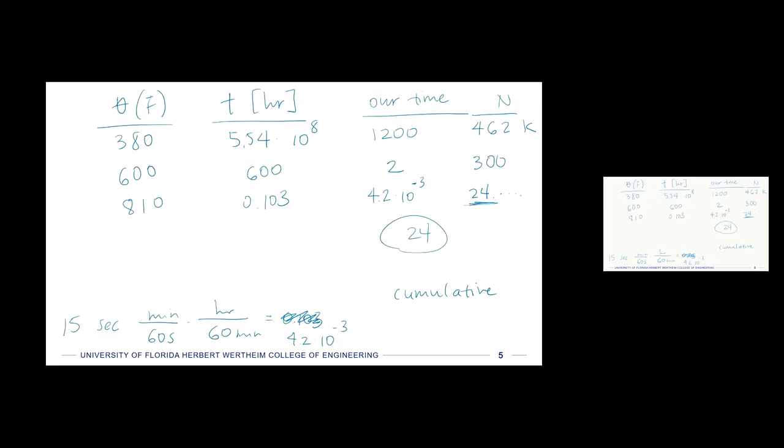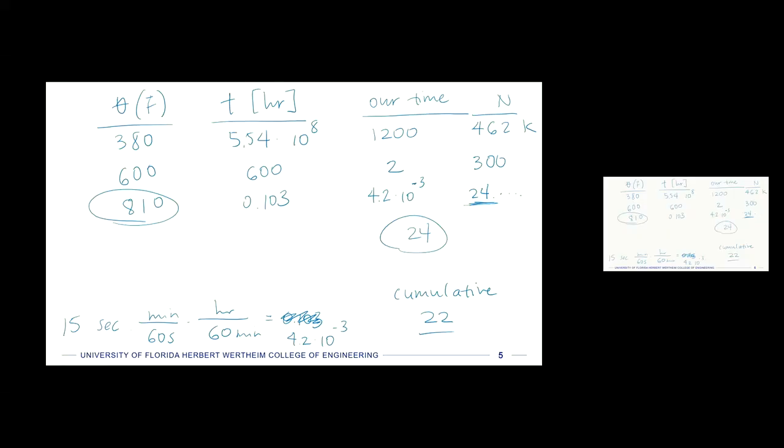And then the high temperature one, the 810 for 15 seconds, and then add that creep strain on, and you could sum up all of the creep strains until you get up to some failure. And so if you do that, you come up with 22 cycles instead of 24. So really, that high temperature 15 seconds is the one that is limiting the creep lifetime of this part. Okay, so that's that problem. Questions on that? It's pretty straightforward.